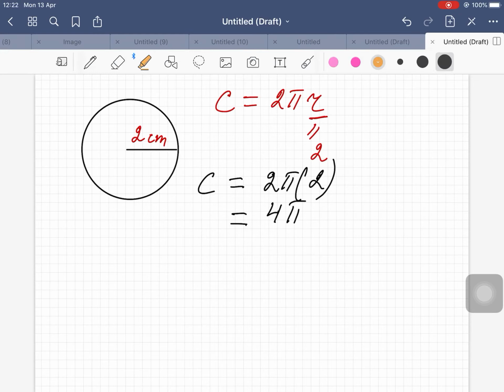So that's going to be your final answer with pi in it, or you could say as a multiple of pi.